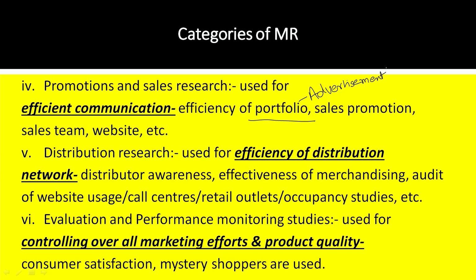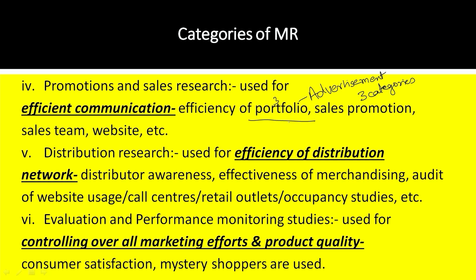Companies come up with a couple of advertisements. Maybe the company has made 10 different types of advertisements, and those 10 different types of advertisements have been divided into 3 categories. So these three categories have become 3 different portfolios, and these 3 different portfolios will be tested through promotion and sales research.